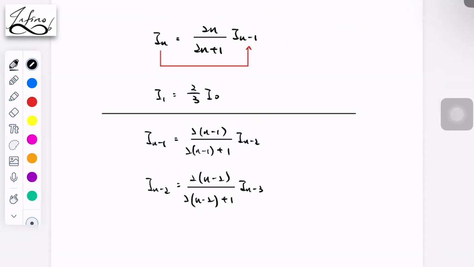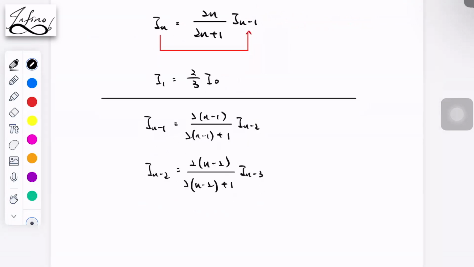That's why we can start finding the pattern. Let's say we start from I n. I n is 2n over 2n plus 1 times I n minus 1.